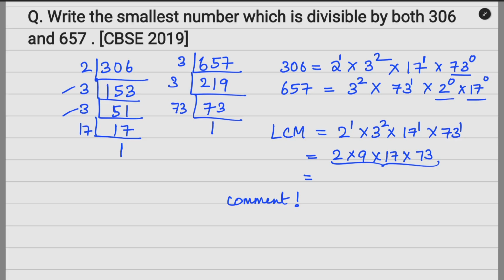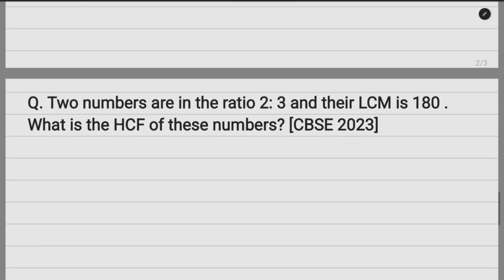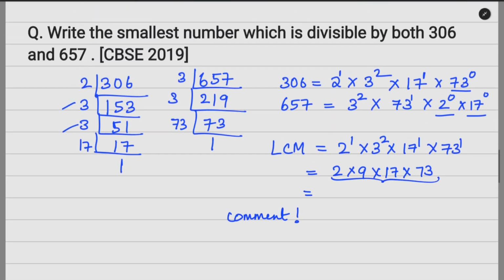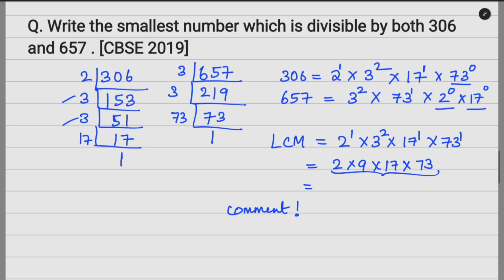Coming to the next question. I hope you have made a note. You can pause the video, make a note of the question, and please solve and let me know what the LCM is. And that LCM will be the smallest number divisible by 306 and 657.